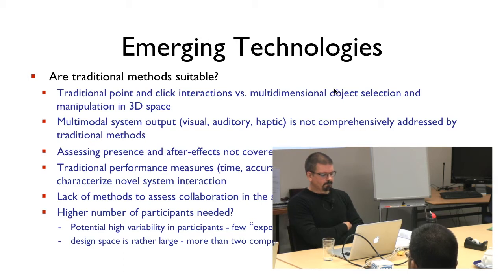But then again, if you look into 3D manipulation, the question is, what do you really measure there? Does it make sense to just measure task completion time and error rate? Sometimes it does, but sometimes you probably have to think, actually I want to measure different things.